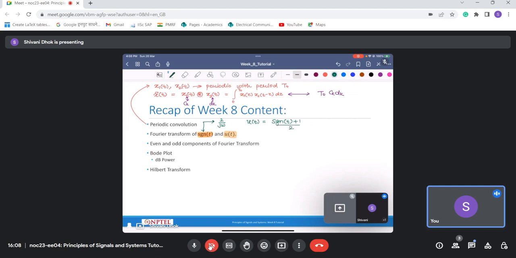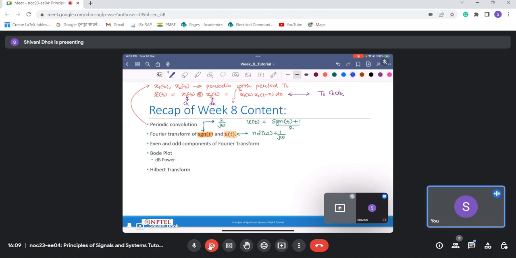The Fourier transform of the unit step function was seen as pi times delta(omega) plus 1 upon j omega. So this was the Fourier transform of the unit step signal.